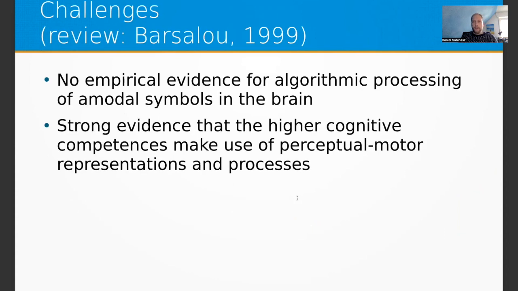And there are many challenges to this view, which have been increasingly recognized in the last 2 decades. So for instance, there's no empirical evidence for algorithmic processing of amodal symbols in the brain. What we find instead is that there's strong evidence that the higher cognitive competences make use of perceptual motor representations and processes. So to give an example, there's a set of studies which compare the activation in different brain regions for different tasks that pertain to a certain object category.